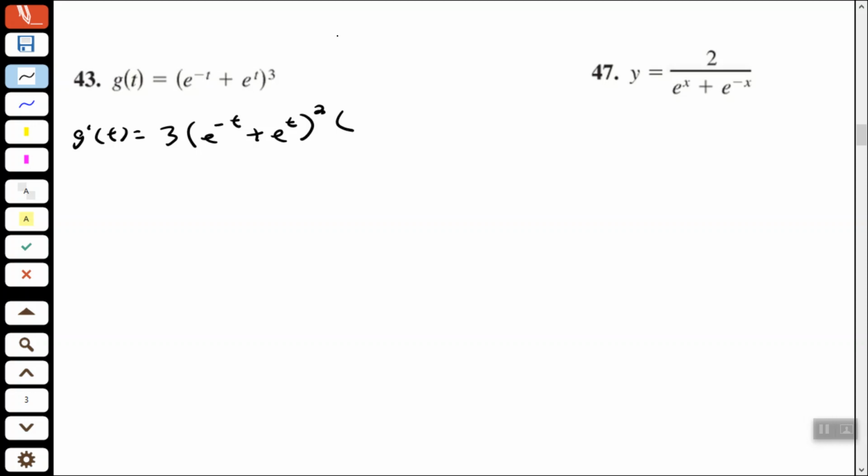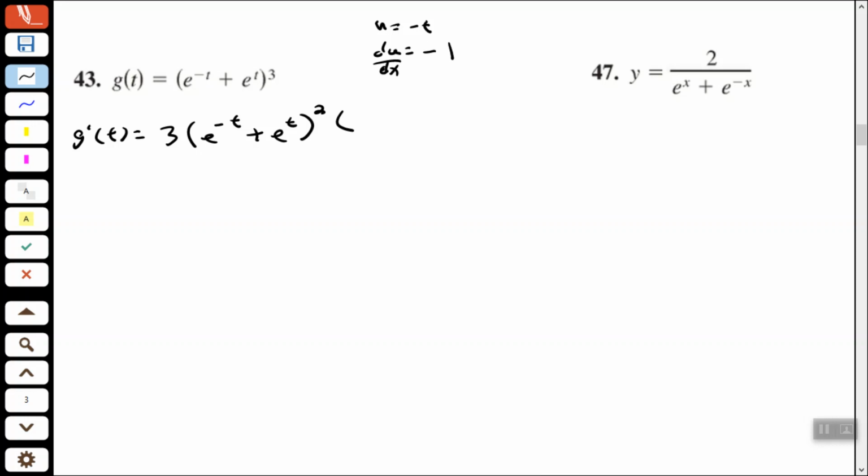So e to the negative t, we know the derivative of e to the t is simply e to the t based on our rule. But what about e to the negative t? Let's look at u du and see what we come up with. So if we let u equal negative t, then du over dx equals -1.